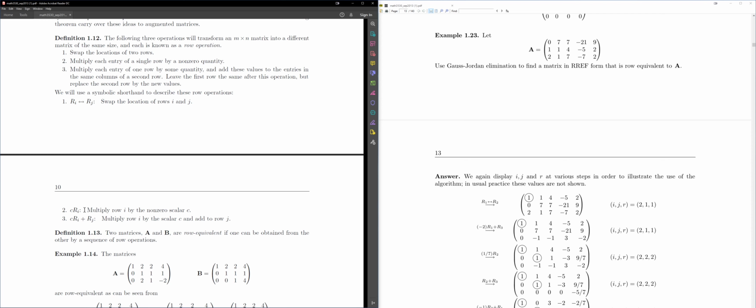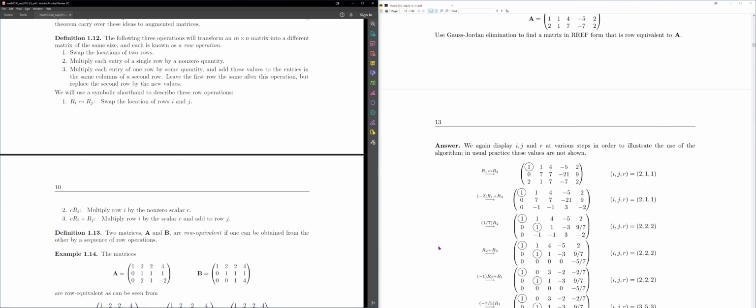What this one over here, c times row i, means is you're multiplying row i by a non-zero scalar. Going from here to here, let's forget about the circles for the time being. You have this second row, and what I want to do is multiply throughout by 1/7.